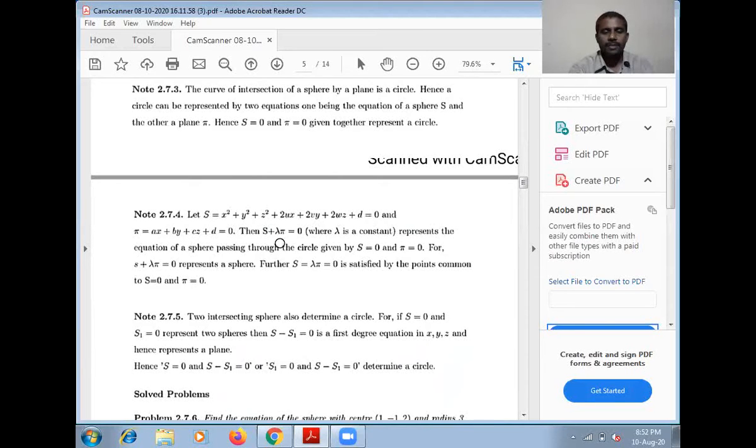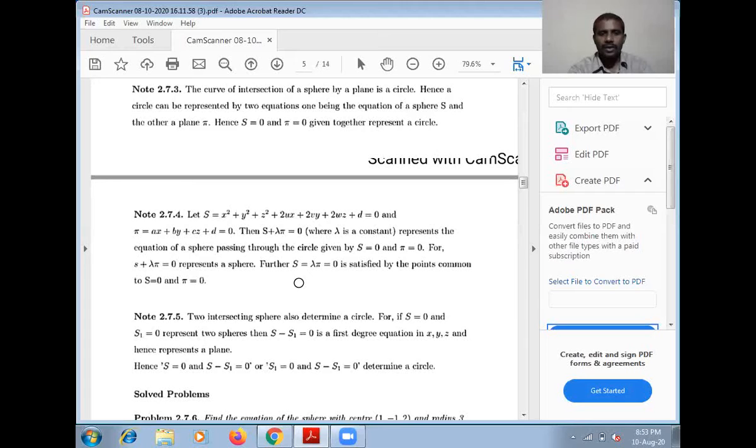Then S plus lambda pi equal to 0, where lambda is a constant, represents the equation of a sphere passing through the circle given by S equal to 0 and pi equal to 0, for S plus lambda pi equal to 0 represents a sphere.